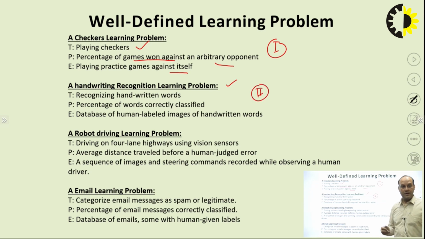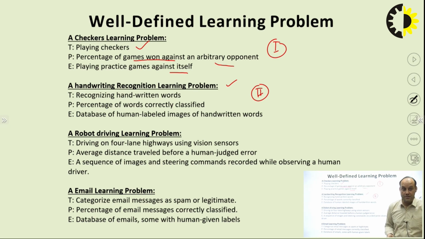The third example is the robot driving learning problem. I want to design a learning program, a computer program, which will instruct how to drive a driverless car. What is the task here? The task is driving a car on a 4-lane highway using a vision sensor. The sensor is used for detecting images.